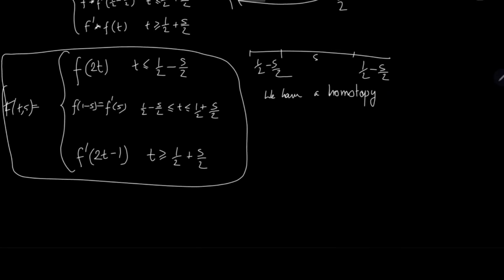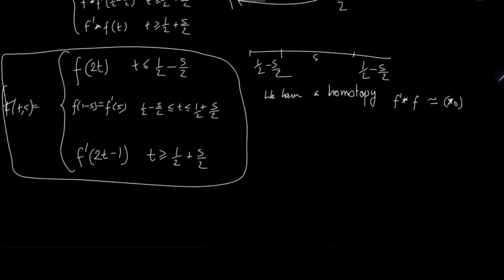from f dash star f with the constant map x naught. So as you see here, if s is equal to 0, we see that this part is exactly eliminated because at t equal to half, these two exactly match up and we get this.